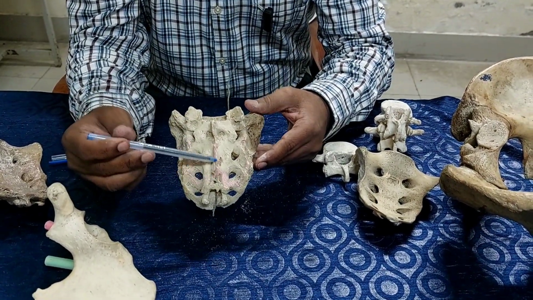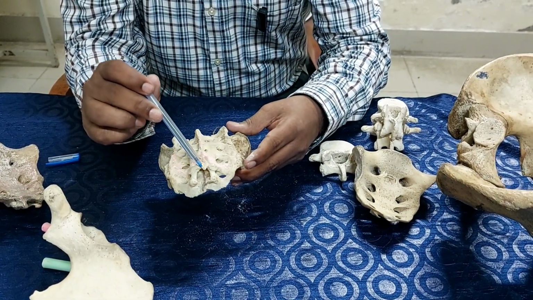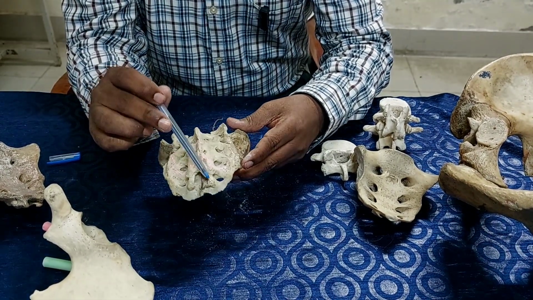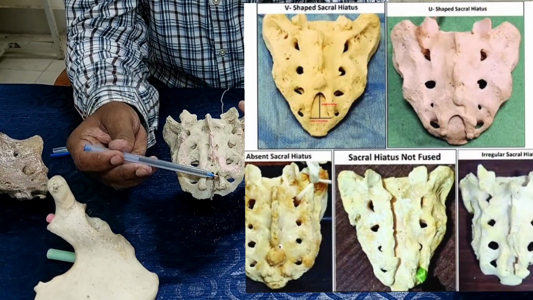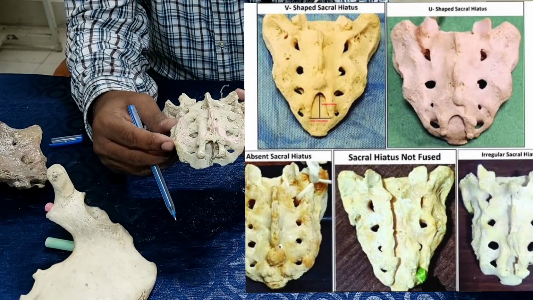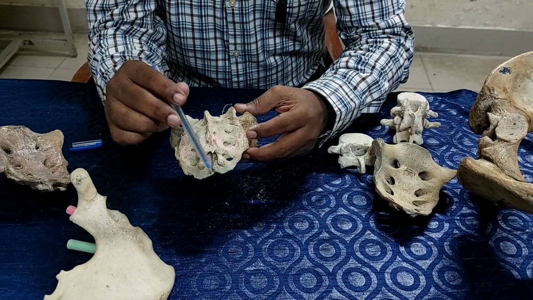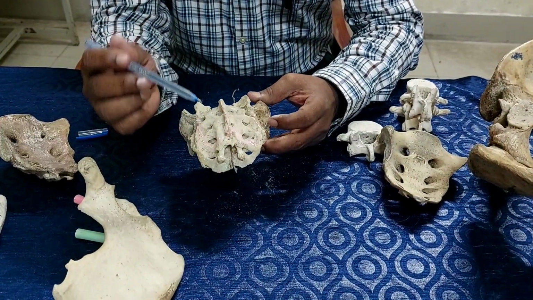This may produce a long sacral hiatus. And the shape of this normally inverted U-shaped hiatus may be V-shaped. So different shapes and sizes of the sacral hiatus may be observed, but normally the hiatus is formed by the non-fusion of only the fifth sacral vertebra here.